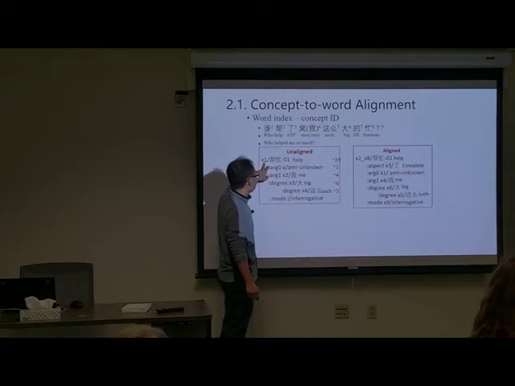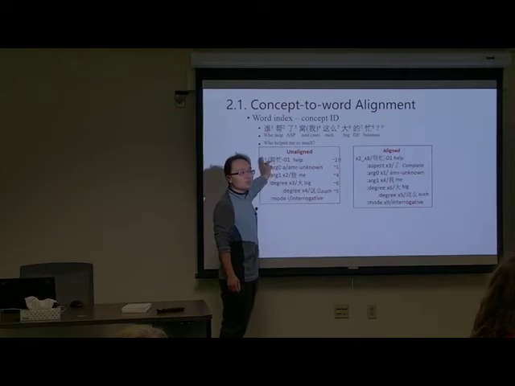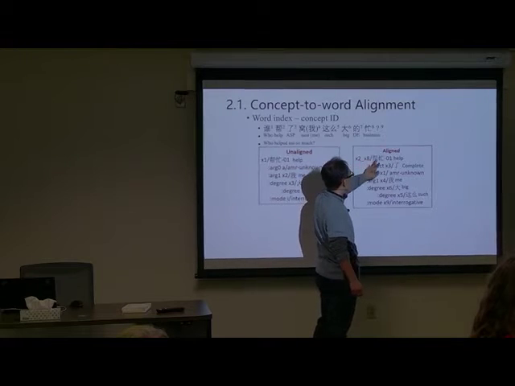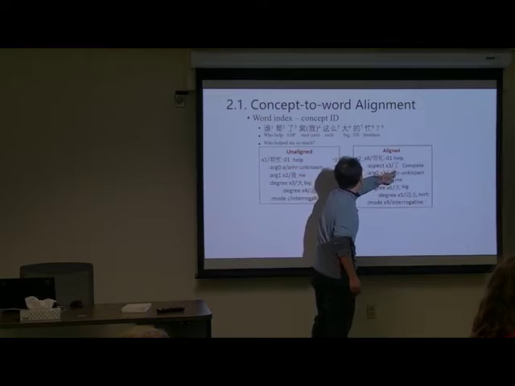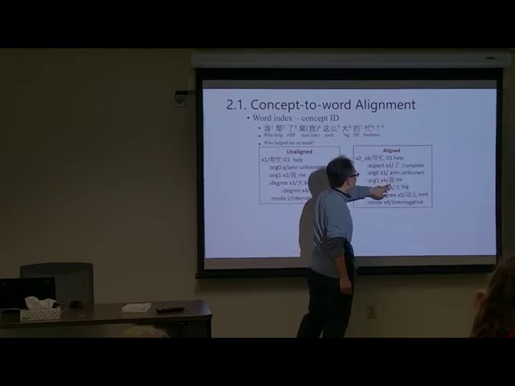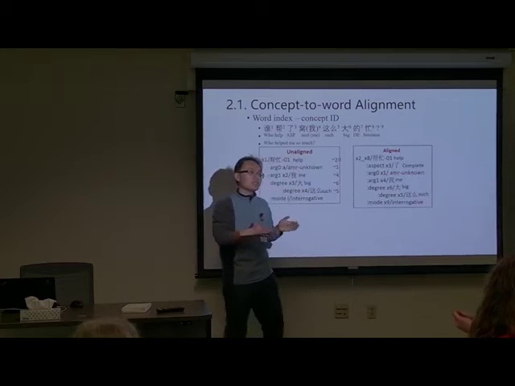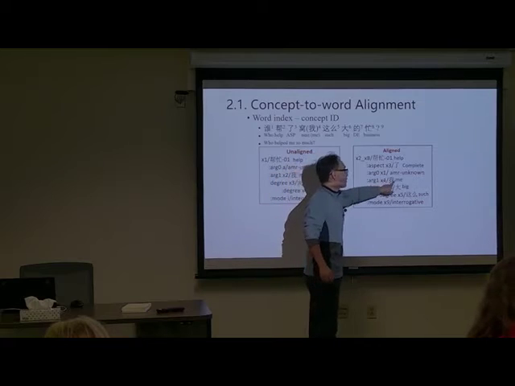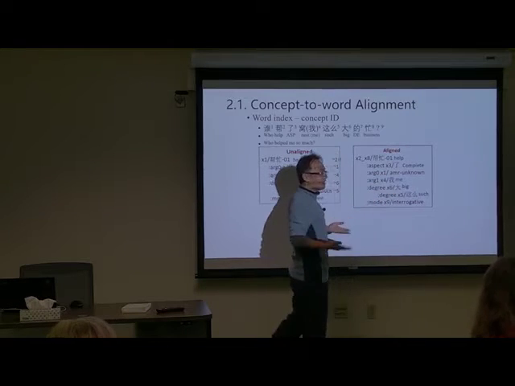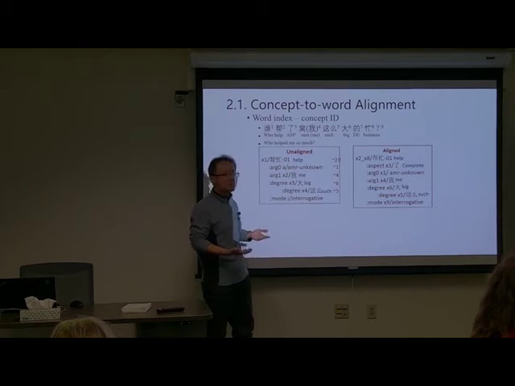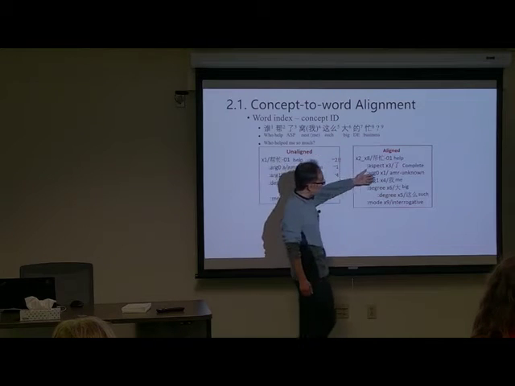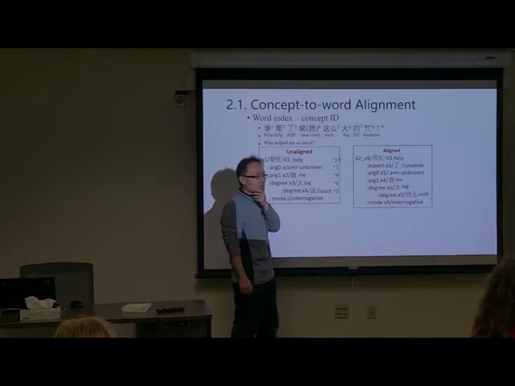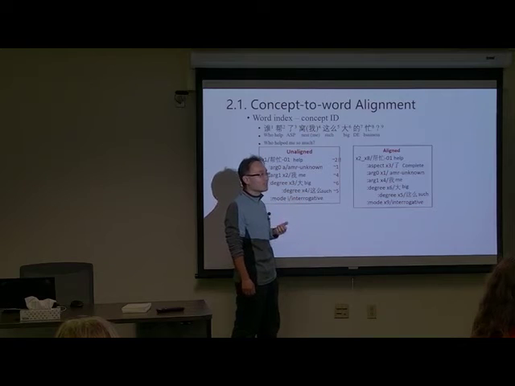Here they just use x1, x2, x3, that's no use at all, right? Why not like this, x2 and x8 together? That's help. And x3 is this word, and x1 is unknown, x4 is me. So we just use the index of each word to be the index of the concept. I think it's very simple to make the alignment. So I asked them many times, why don't they do this simple trick?